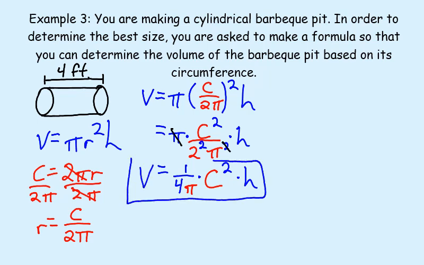And I'm done. Now the final step for this problem, and I forgot to do it here, would actually be to substitute the 4 feet for the length of this cylindrical barbecue pit in for h. And if I did that, I could actually simplify this even further to 1 over pi times c squared. And that would be the end of it.